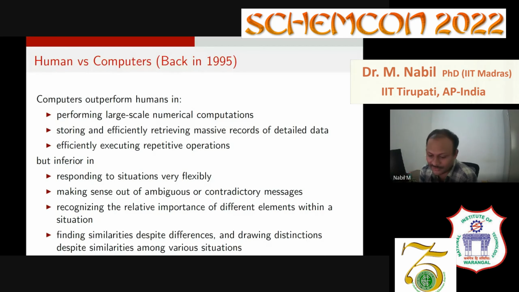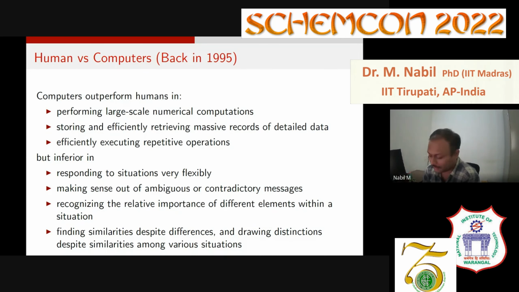As humans, we respond to situations and make decisions, right? And also to recognize when there are multiple things, how do we find similarities or distinctions, or how to respond to contrary messages. Those could not be performed using computers. This is way back in 1995, but things have changed over a period of time.